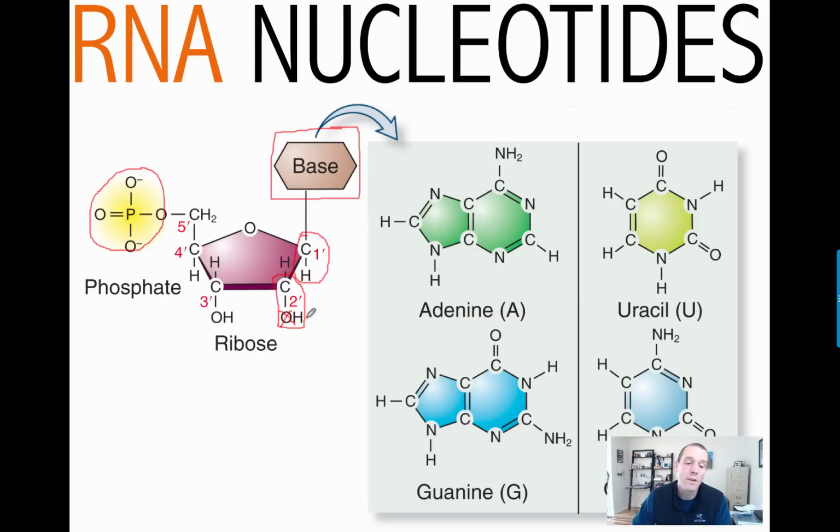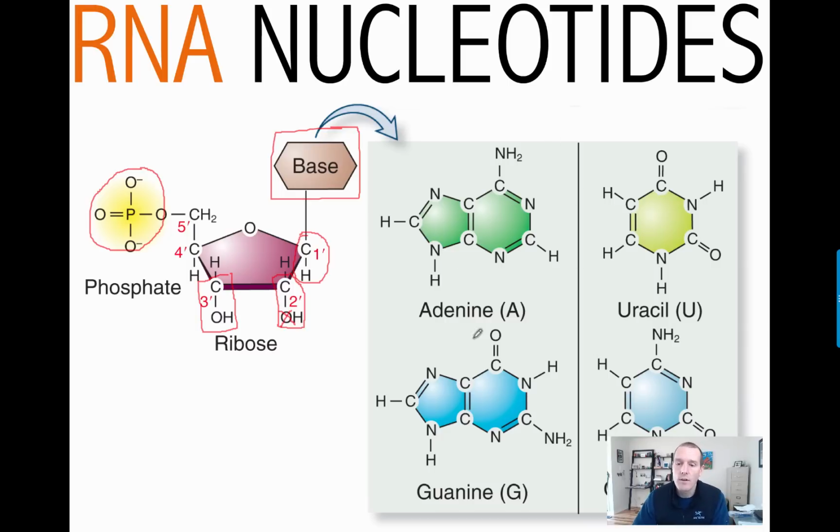Whereas in an RNA nucleotide, you see this 2' hydroxyl. The only other thing I'm going to mention here and introduce about the structure is that the 3' carbon is going to become very, very important when we talk about DNA replication. So I've talked about the 2' carbon here and how you can use that to discriminate between ribose and deoxyribose. The 3' carbon with this hydroxyl group is going to become very important when we talk about joining nucleotides together.